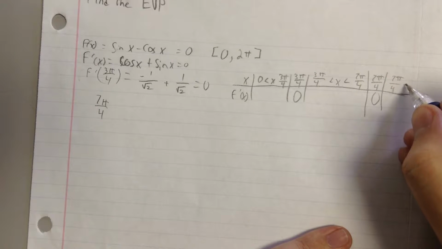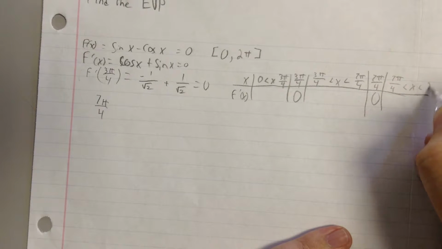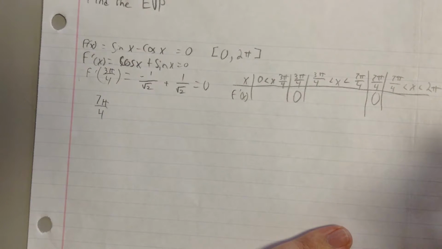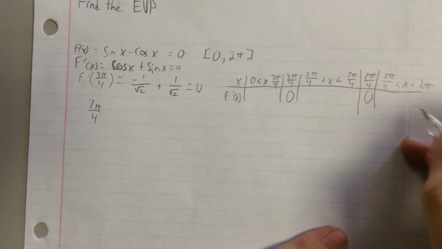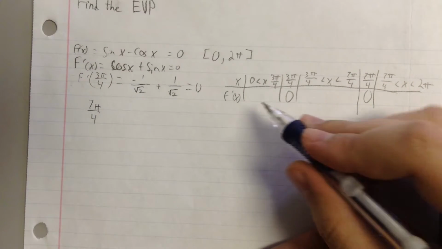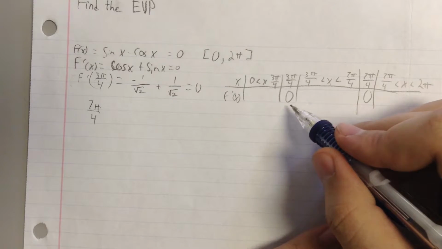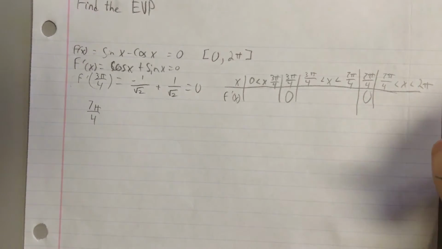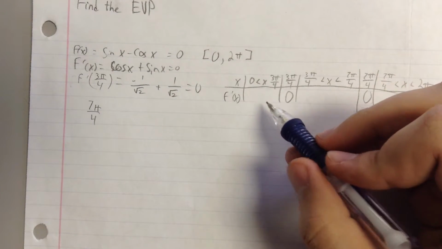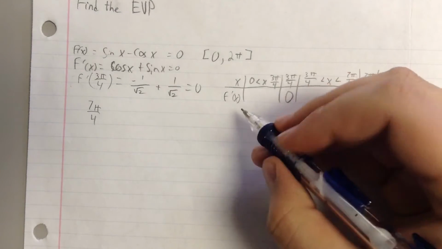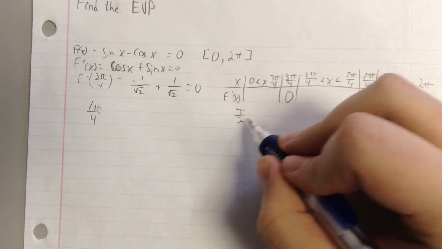7 pi over 4 is less than x is less than 2 pi. So now we have to plug in values into these to figure out if it's going to be positive or negative. So with this first one, a really easy value is pi over 2.